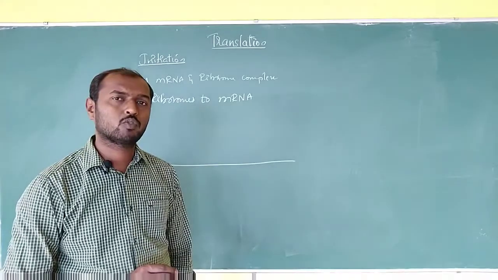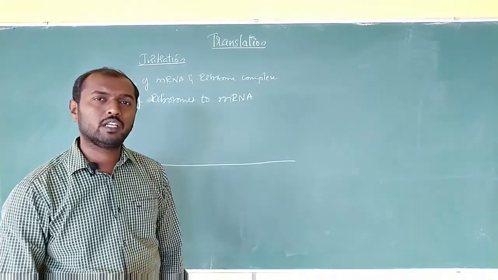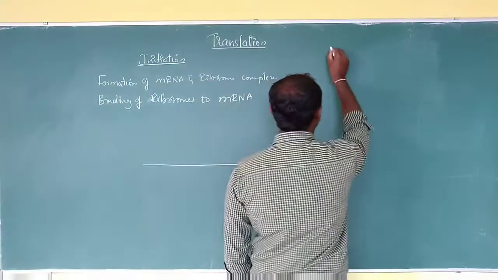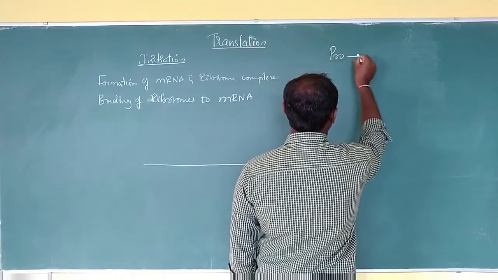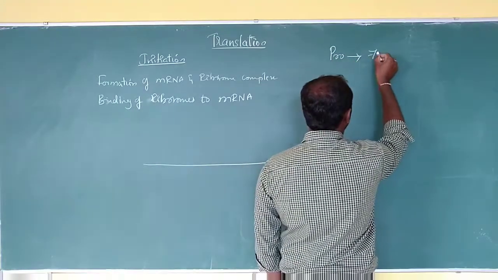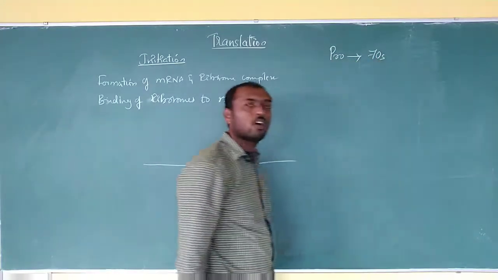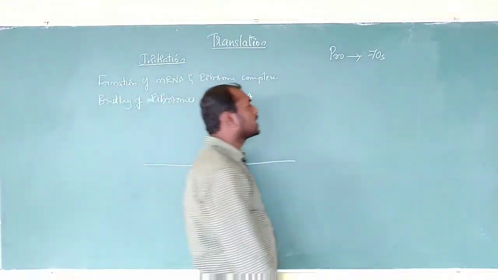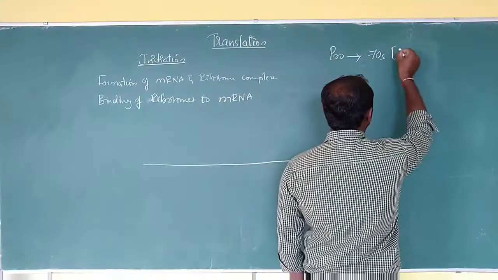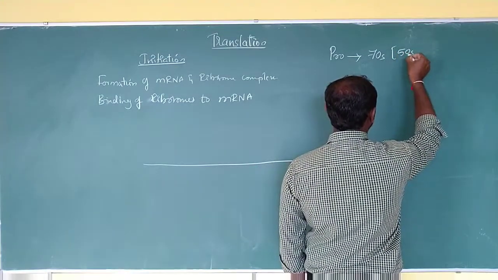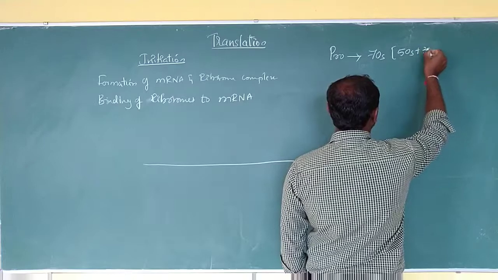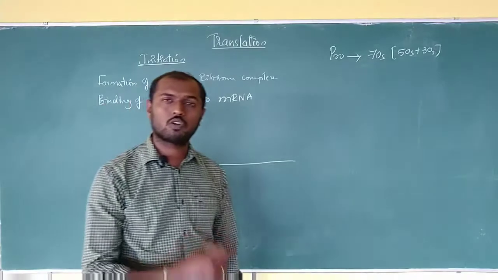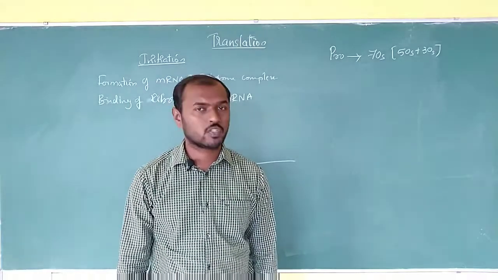So what kind of ribosomes do we have? We have 70S and 80S kinds of ribosome. In the prokaryotic cell we get the 70S type of ribosome, which is made up of two subunits: the 50S larger subunit and the 30S smaller subunit. You already studied this in your first year syllabus.